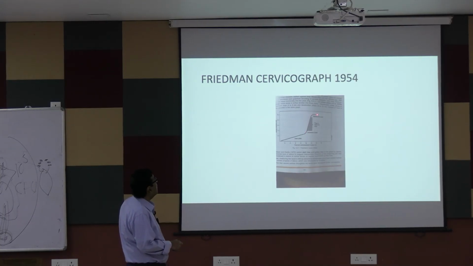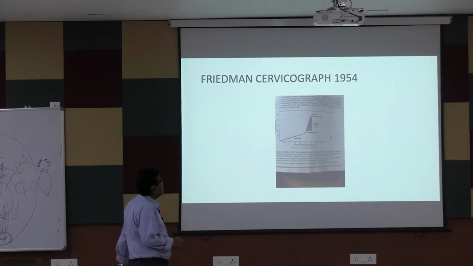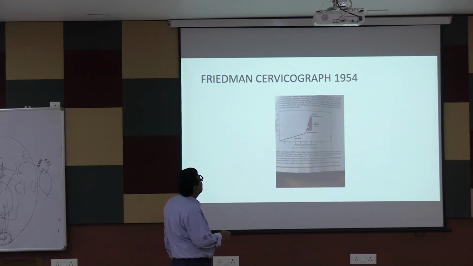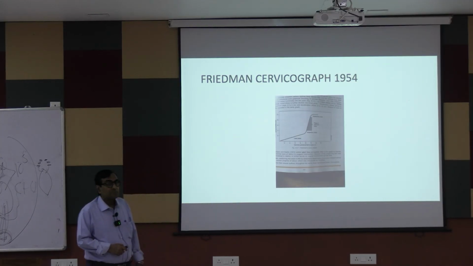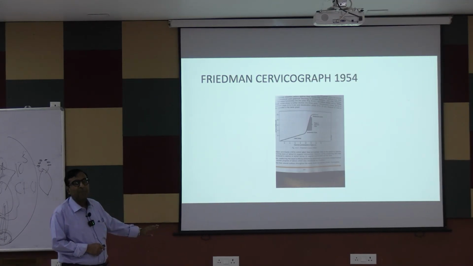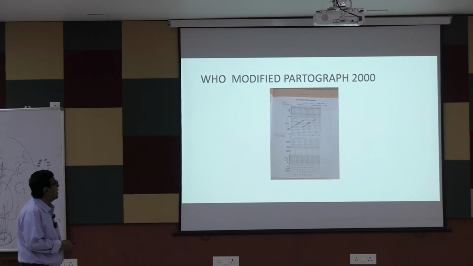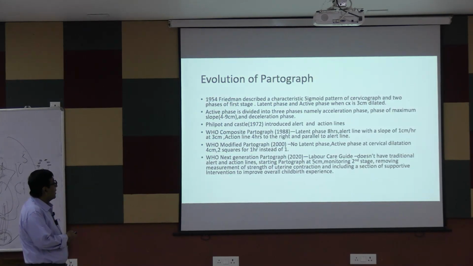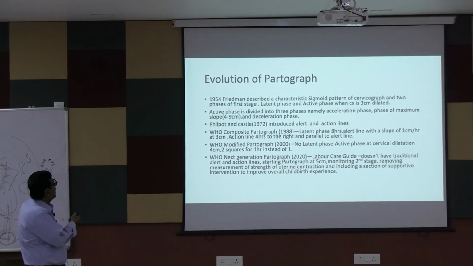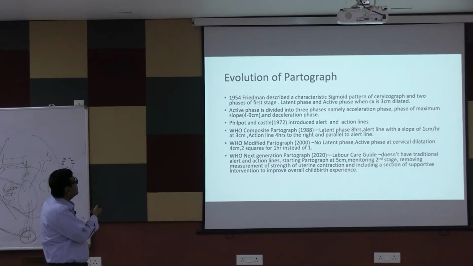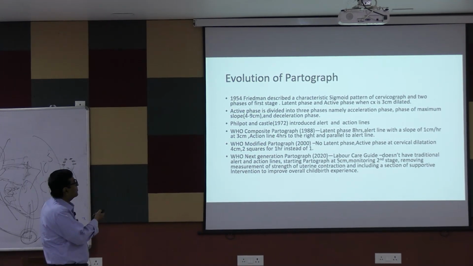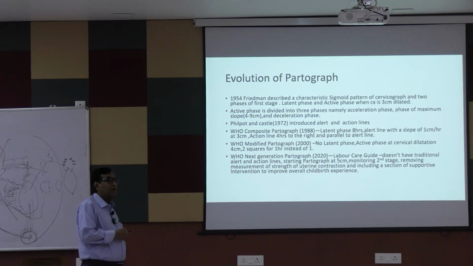And then a stage of deceleration. These are the three subdivisions of active phase of labor. In 1954, Friedman described this characteristic sigmoid pattern of cervicograph.